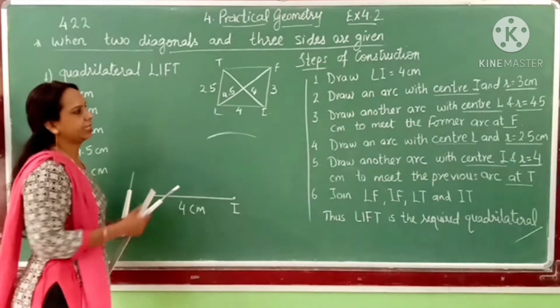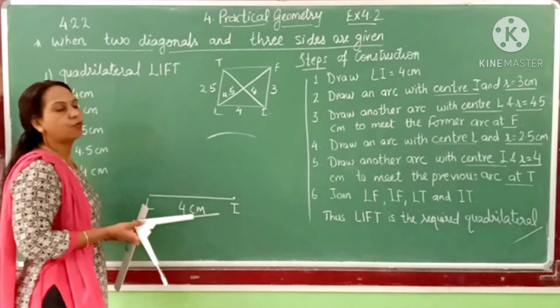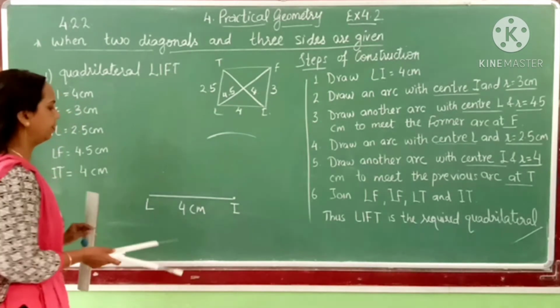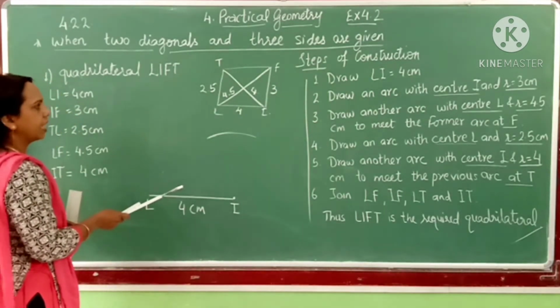Okay, step number 3 is draw another arc with the center L and radius 4.5. Now here we will take the radius 4.5 centimeter with center L and draw another arc.